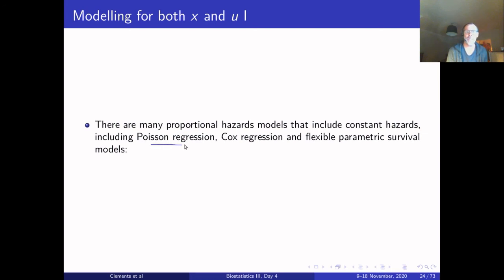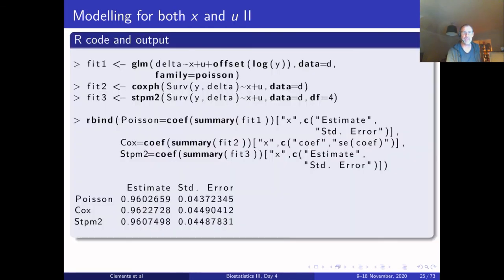So we could do Poisson regression, we could do Cox regression, and we could do flexible parametric survival models. So we do a GLM with delta as the outcome, adjusting for x and u, using y as the person time. So we do an offset of log of the person time from our data set for Poisson.